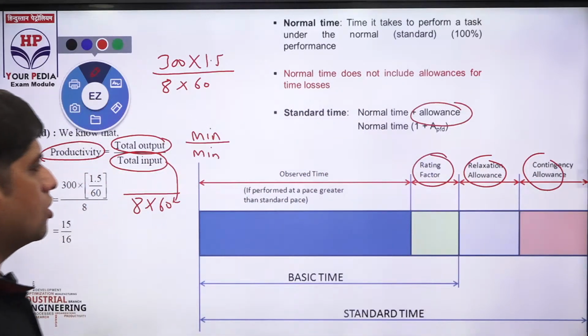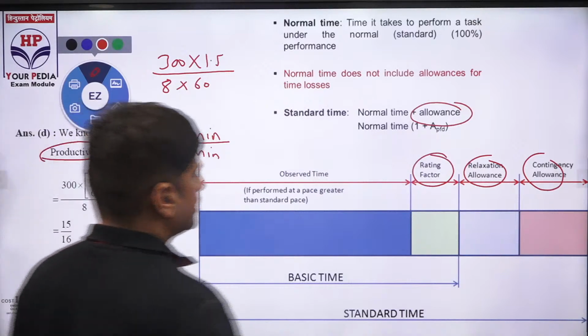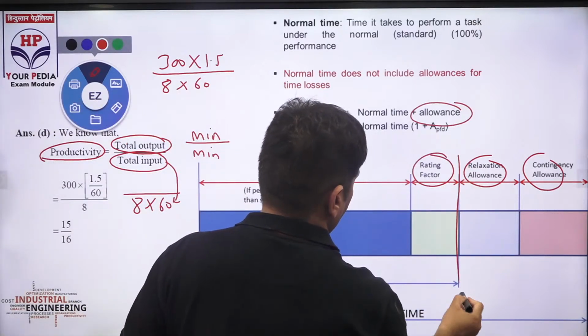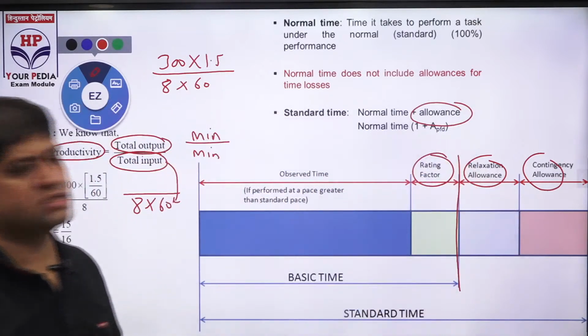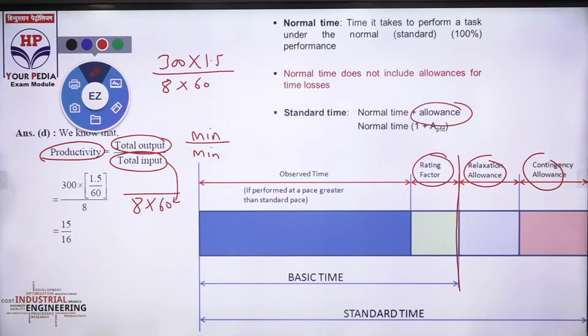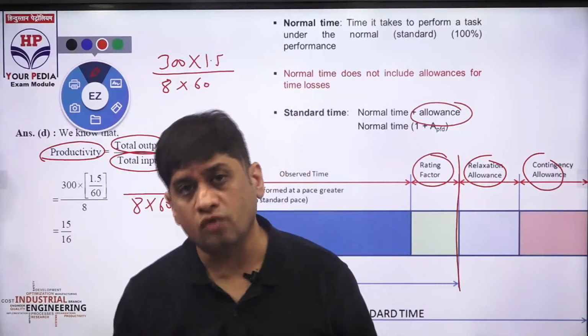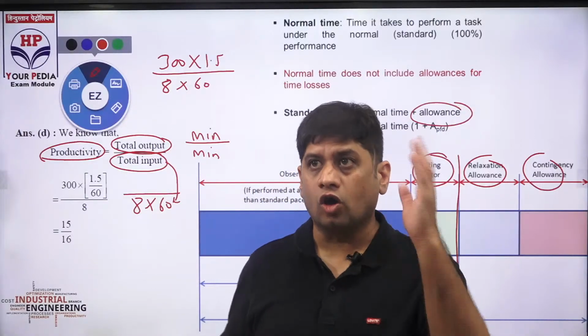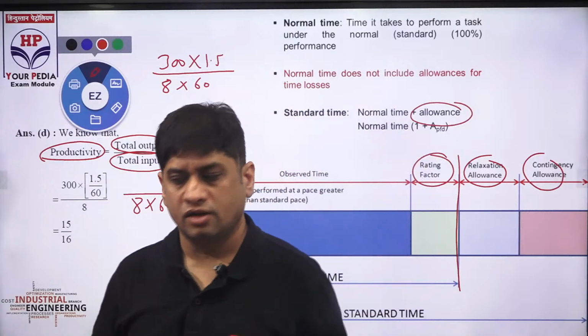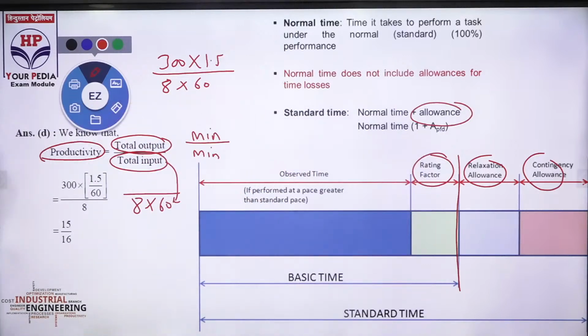Basic time has a rating factor also, and standard time has allowances, etc. So normal time, basic time, and standard time are the three times which are used to analyze the performance of one employee in the industry. These time estimates help you to understand the performance of an employee in the industry.